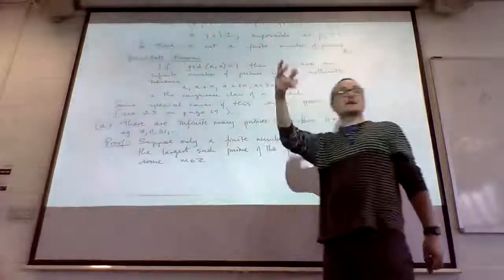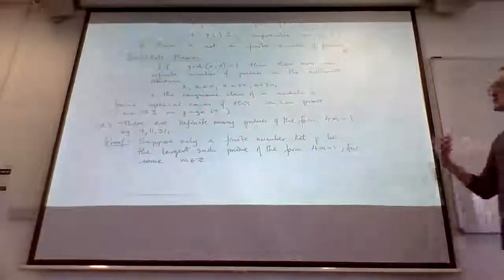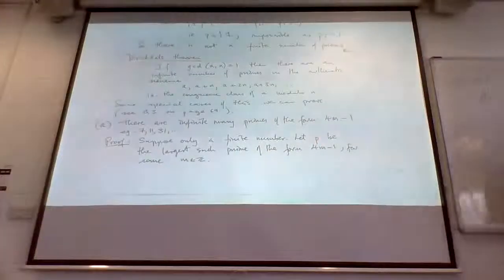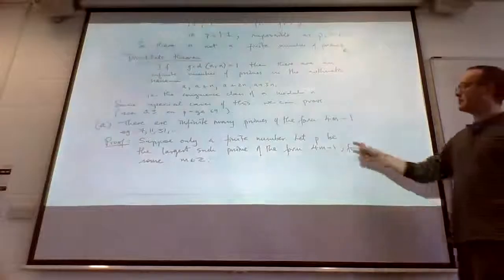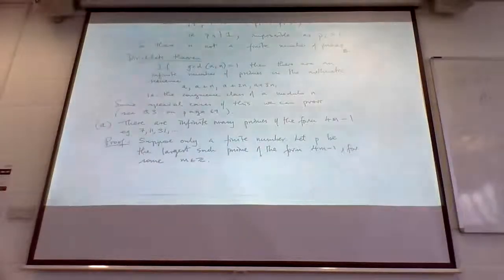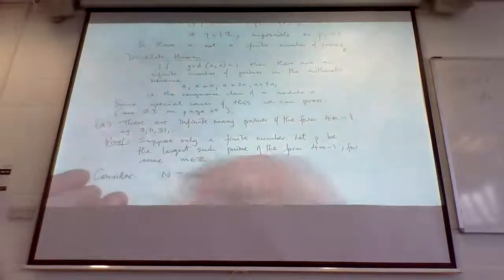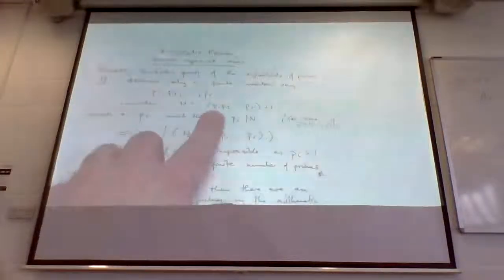You can't talk about the biggest one if there's an infinite number of them; there is no biggest one. But if we pretend there's only a finite number, then we can talk about p, the last prime of the form 4m minus 1. Then we consider a specially constructed number n. This is like the n from Euclid's proof, except we construct it in a slightly different way.